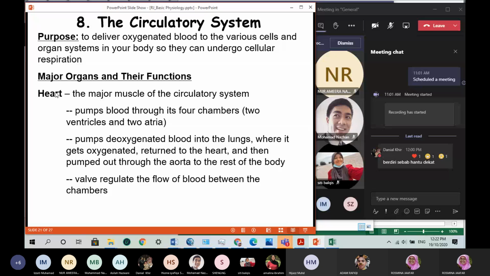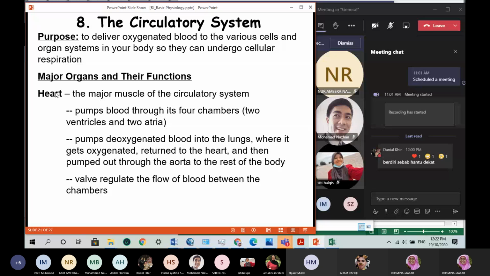So the top part contracts, pushes blood towards the bottom, and the bottom will contract, pushing simultaneously to the respiratory system and also to the systemic circulation, and then returns back to the top of the heart, and then from the top pushes to the lower part of the heart. And it happens repetitively. So each heartbeat, you will have contraction of the heart, push from top to bottom, bottom to the rest, and then come back.